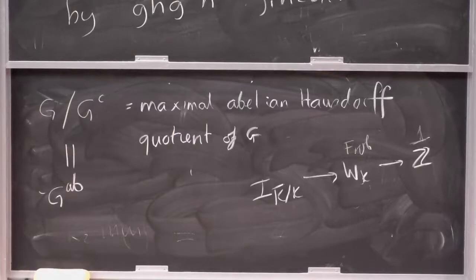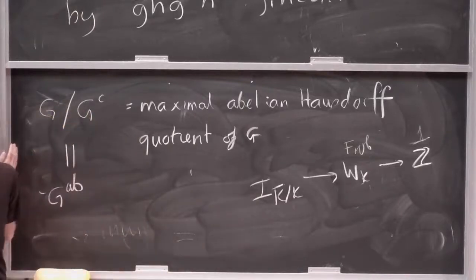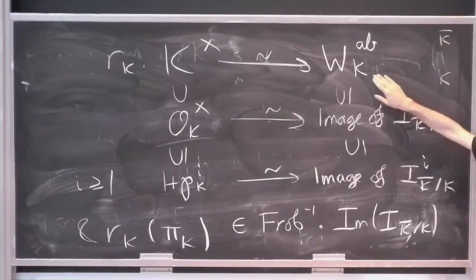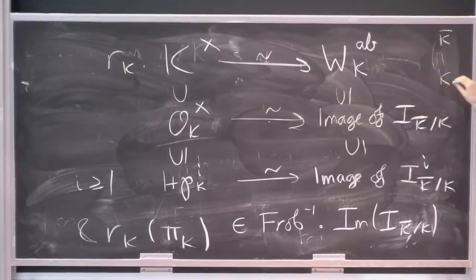So this is a very strange theorem because W_K is about something external. We have K, and then we have K bar, and the Galois group of this is essentially W_K. So this is about some kind of external properties of K, things about K bar.